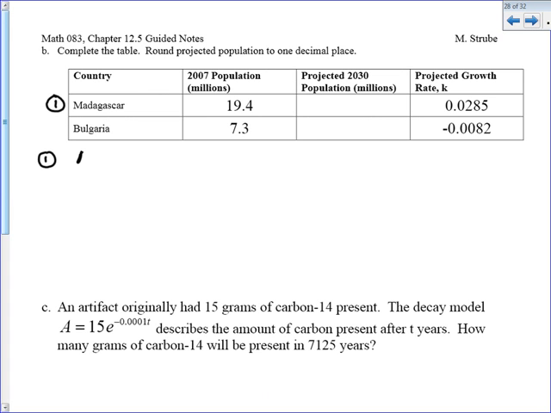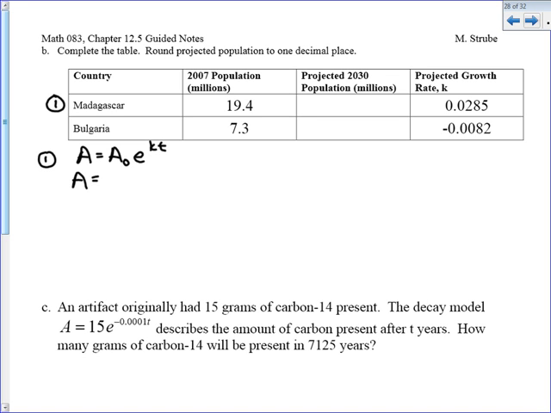Now in general, I'm going to copy this over for the front. We're looking at A naught, e to the K, t. So for Madagascar, what number am I going to put in for A naught? 19.4. That's always your starting population.